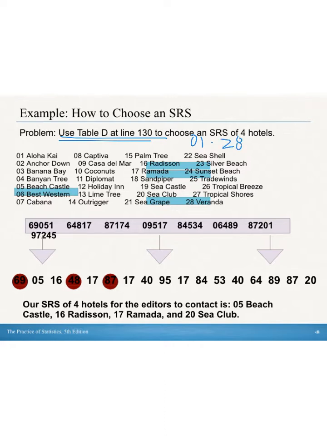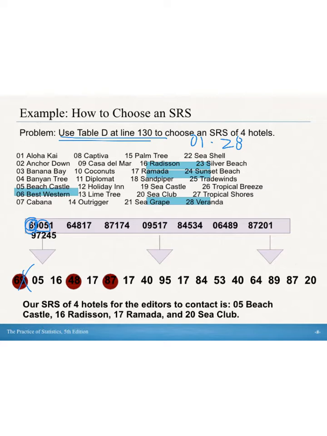But if we're using table D, which we're going to do in class, you would look at each number. I'm going to explain it more in class, but basically the first 2-digit number is 69, which does not have a value for us. Then 05 has a value, and so 05 would give us the Beach Castle.